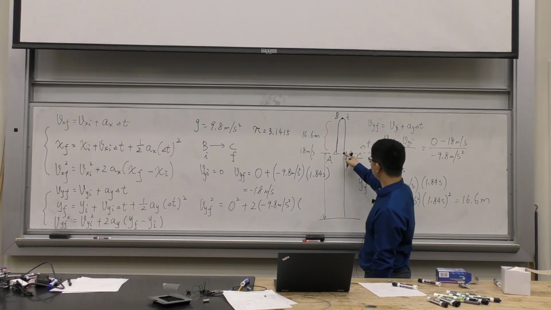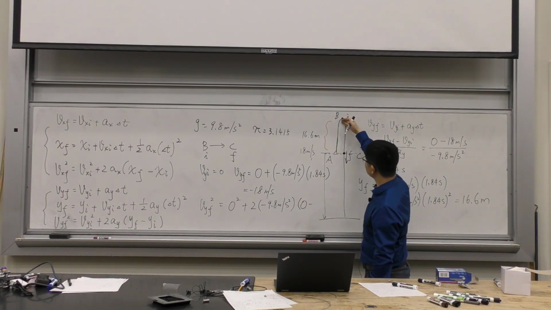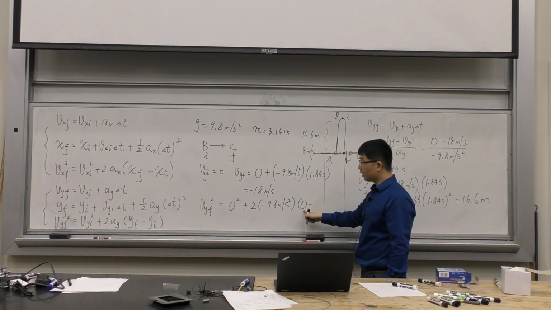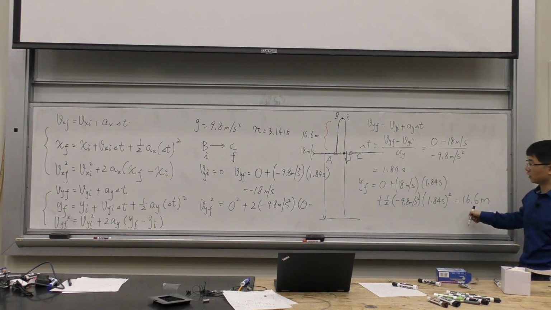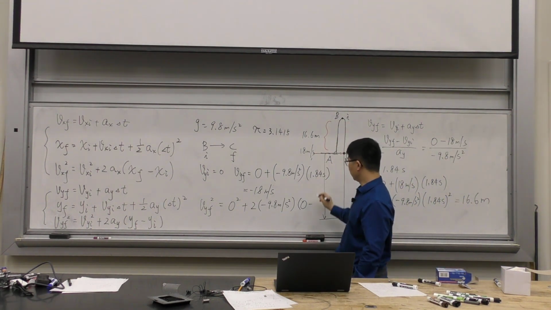So in this case, my yf is going to be 0, right? I'm looking at this process from B to C. If I call this my 0 height, my final height is 0 in this process. What is the initial height? That's the initial height, because that's the height of this B point relative to A. So now the height is going to be the same because it's the same point.